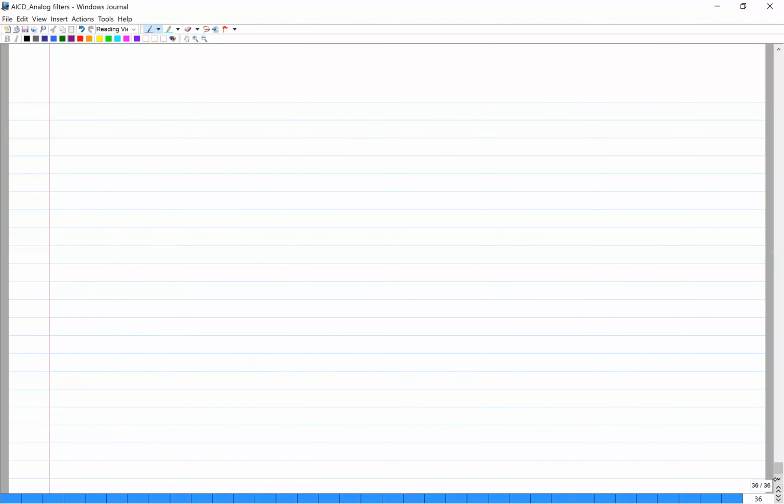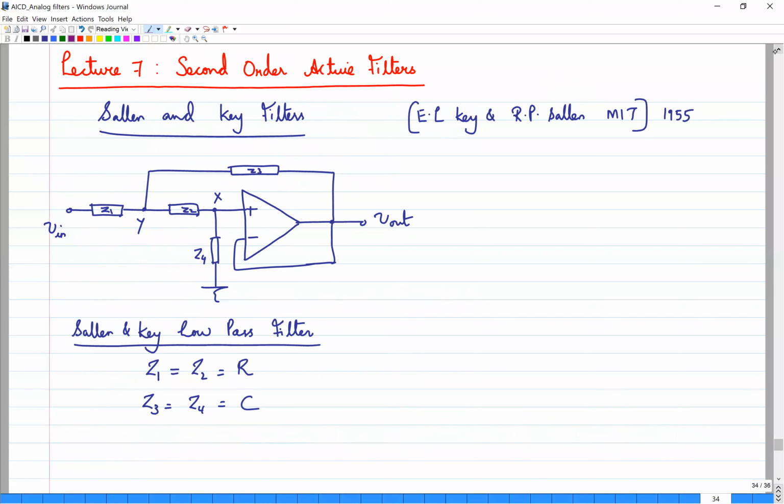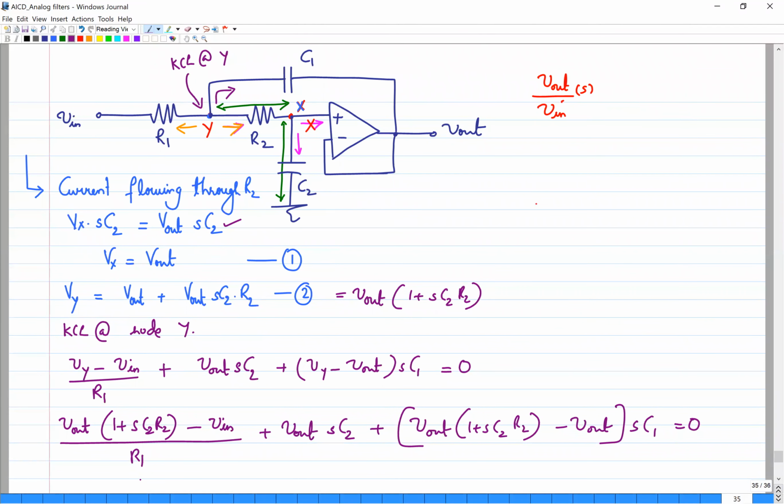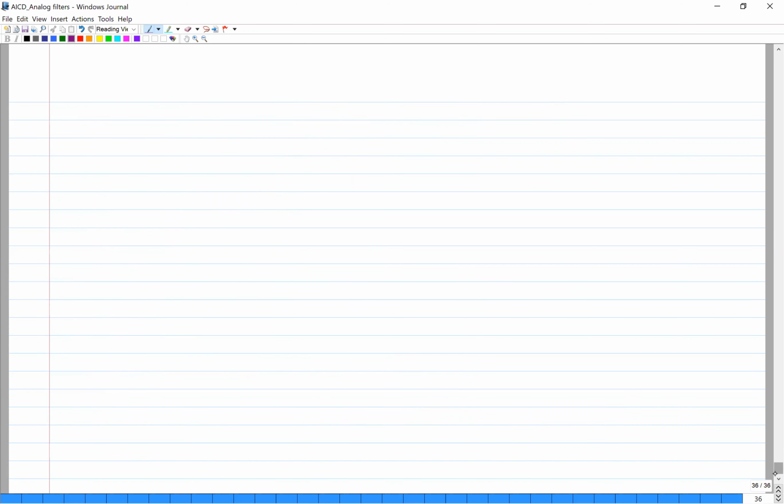Right. Now let me continue this. If I solve this further, I can write this as, I'll split the components.